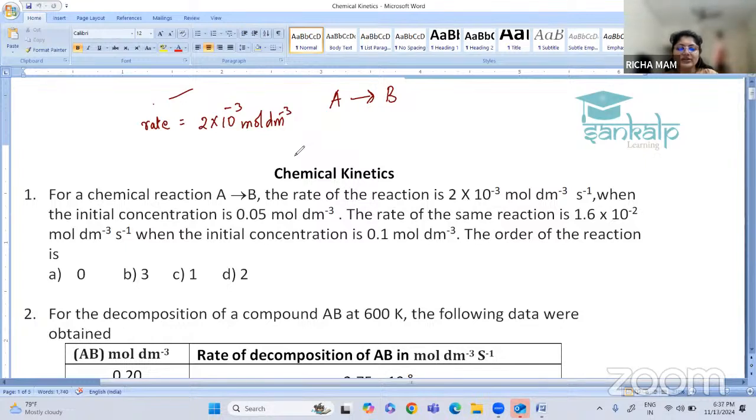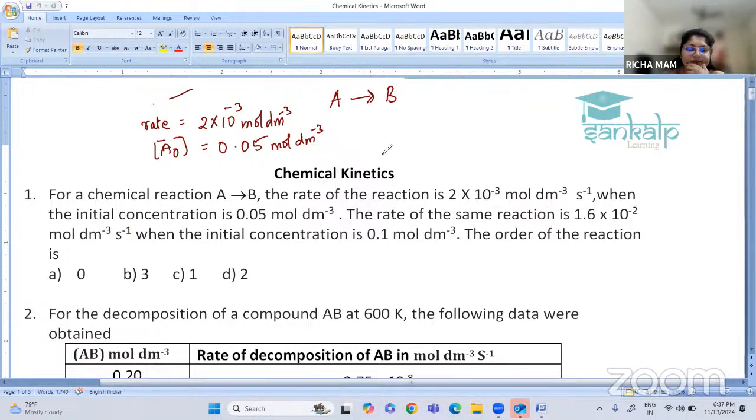So how do we write the initial concentration? Initial concentration is this, right? A naught is the initial concentration, which is given as 0.05 mole per dm cube. Right. So the rate of the same reaction is 1.6 into 10 raised to minus 2 mole per dm cube per second when the initial concentration is 0.1 mole per dm cube.